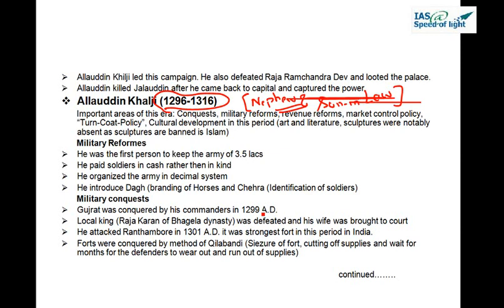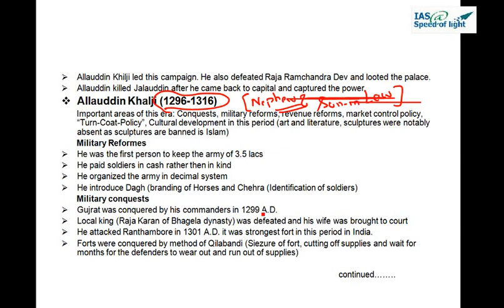Why Gujarat? Because Alauddin was motivated by his desire to establish a vast empire and obtain the wealth of Gujarat. Obviously, the riches of Gujarat were to pay for his future conquests as well. And most importantly, the seaport of Gujarat was to ensure the regular supply of Arab horses for his army.